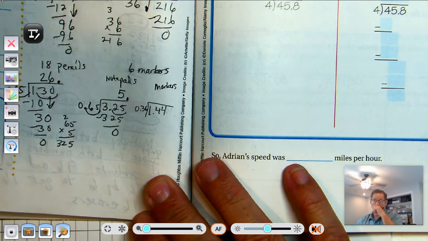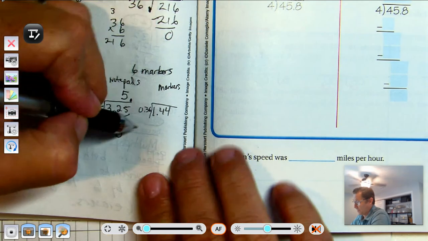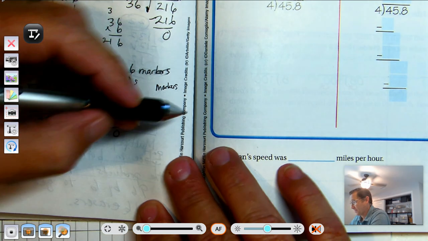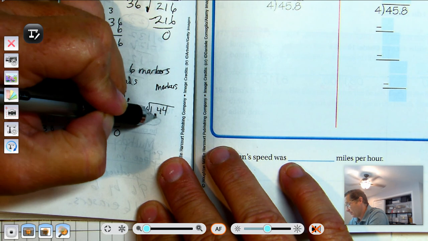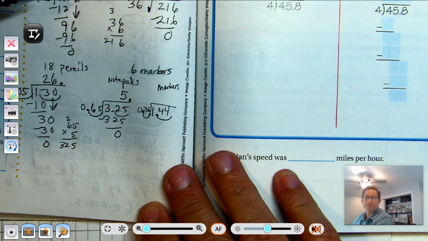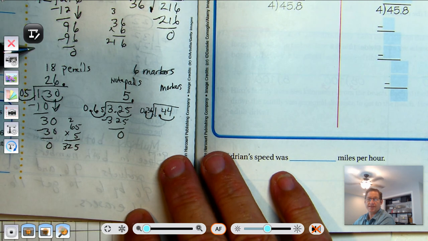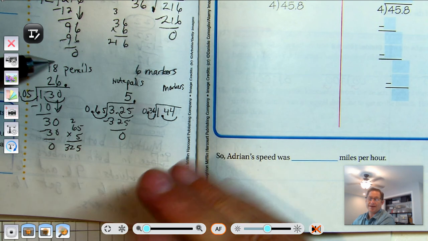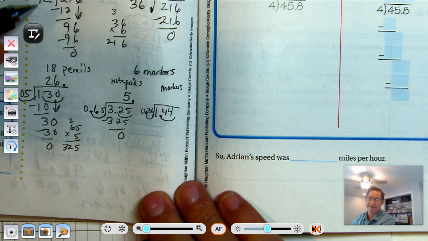Okay. Now how many markers did he buy? Well, the first thing we want to do is multiply 36 cents by 100 to get 36. Multiply $1.44 by 100 to get 144. All right, so 144 divided by 36. Well, 3 times 30, that's about 90, right? 30 times 4 is about 120.